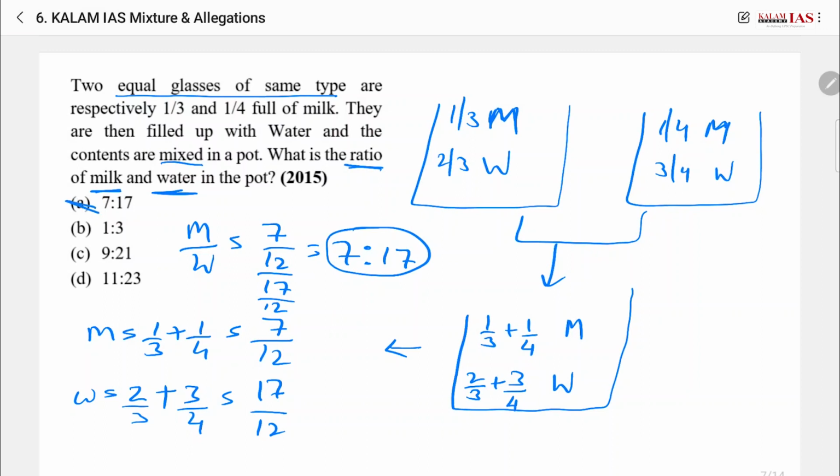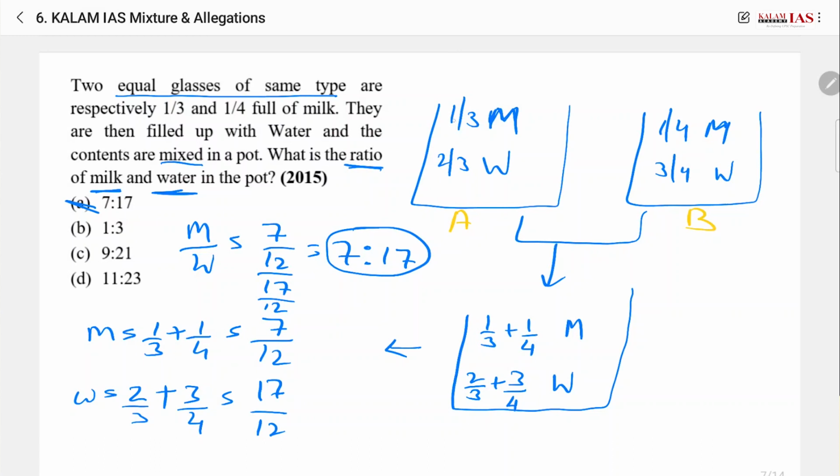Again, I hope this is clear. A very simple question. No need to remember formulas, just basics are required. So there are two equal glasses. This is vessel A, this is vessel B. In vessel A, 1/3 is milk, and in B it is 1/4 milk. In both of these the rest amount is added as water.